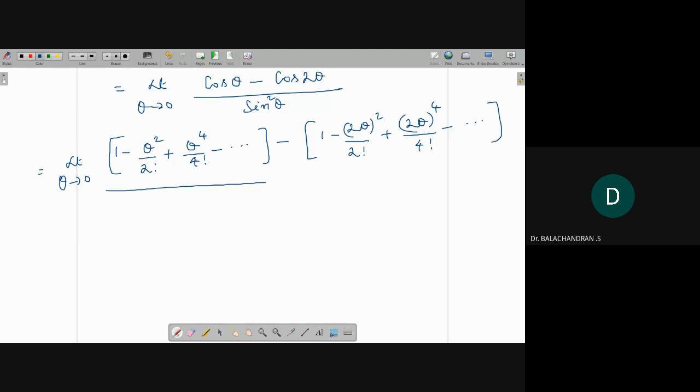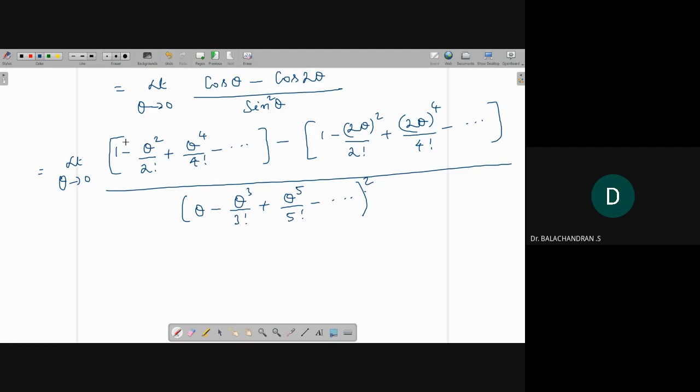Divided by the sin theta expansion: theta minus theta cube by 3 factorial plus theta power 5 by 5 factorial minus and so on, and then whole square.